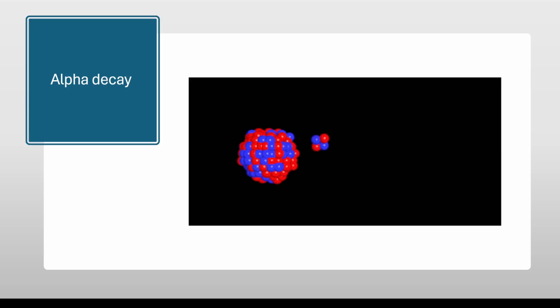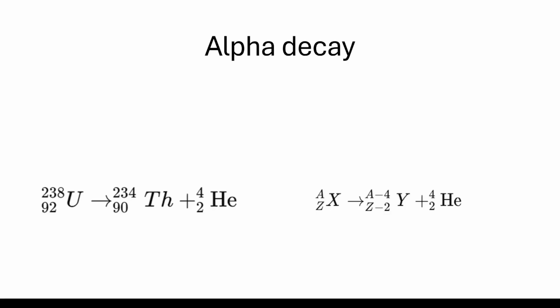So alpha decay happens because the nucleus is too large, and it's trying to become smaller by emitting an alpha particle. Okay, so the alpha particle is nothing but the helium nucleus. So this is the helium nucleus.